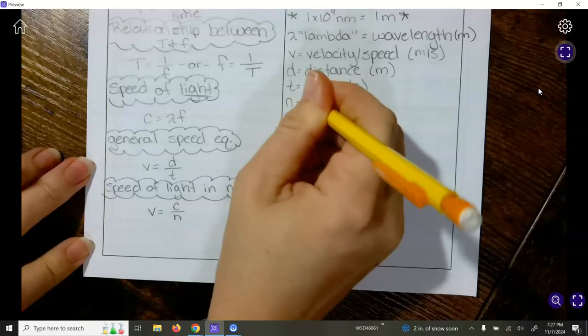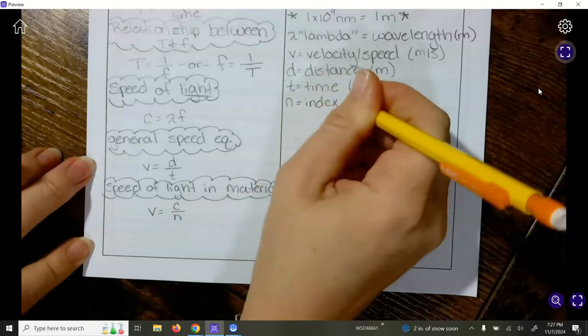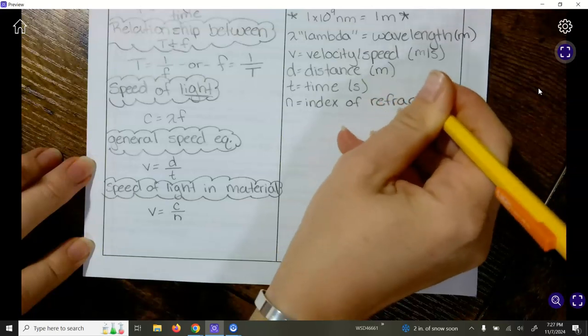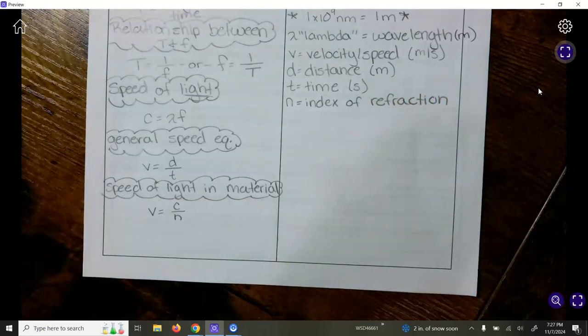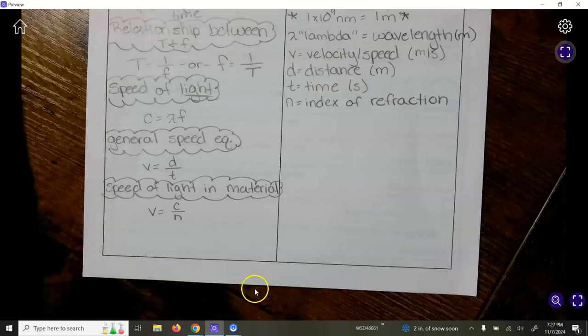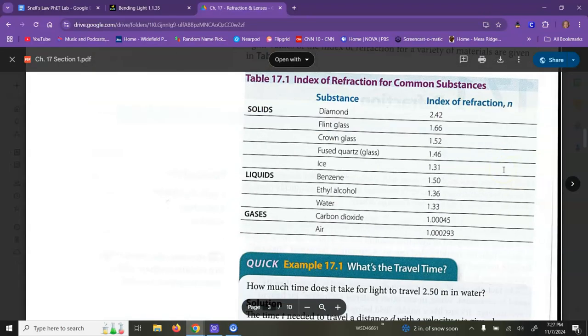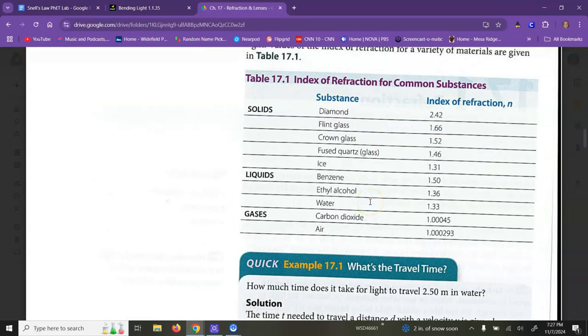N is the index of refraction, and it actually does not have a unit. It is unitless. It's just a number. So it's going to be kind of like a constant number. It's based off of what the material is made of. Down below, this table right here is also in the very back of your packet.